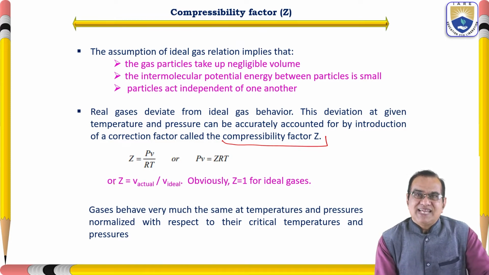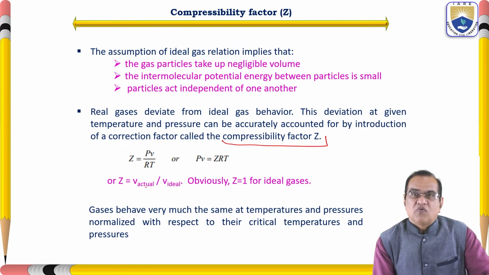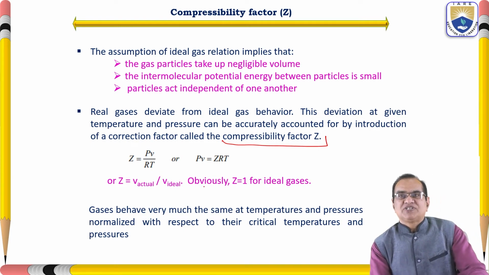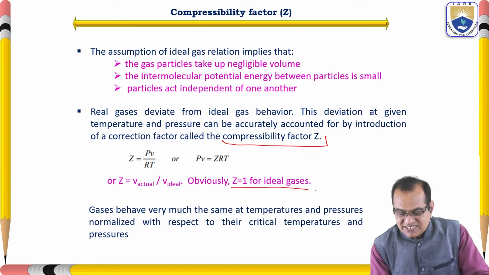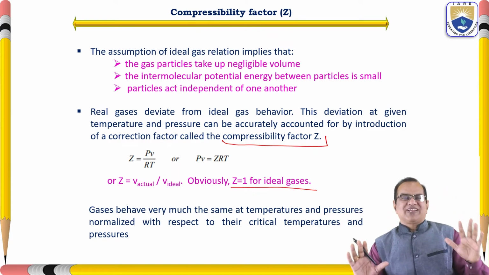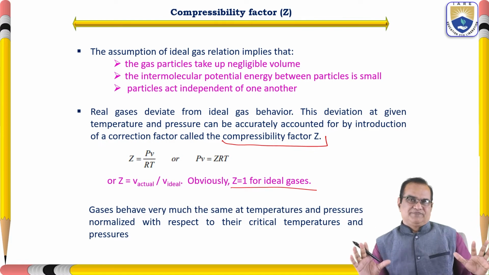So here Z is equal to V actual by V ideal. The volume of any gas is actual, how much is there, and for V ideal, how much is there. Obviously, Z is equal to 1 for an ideal gas. But in the real field, you won't get Z is equal to 1.